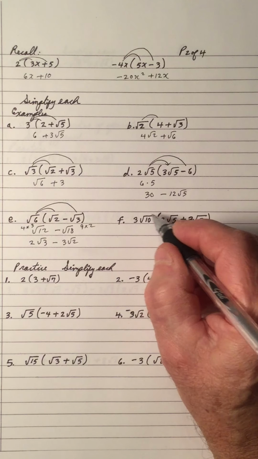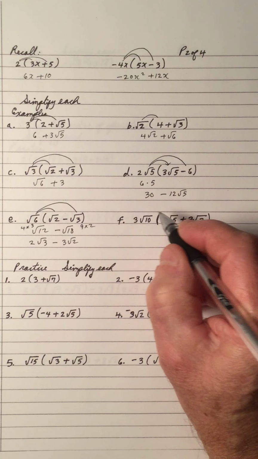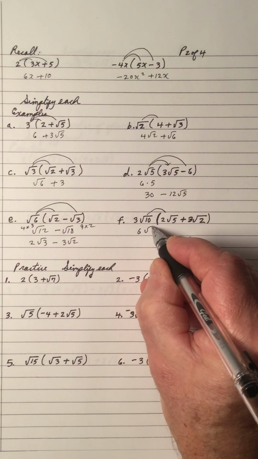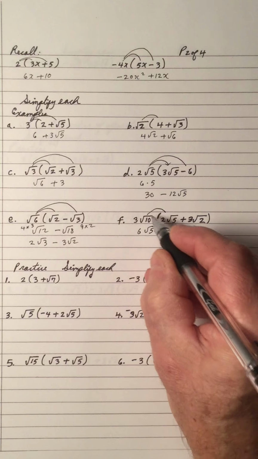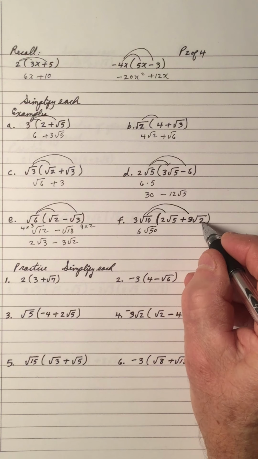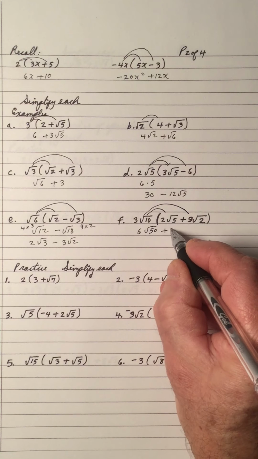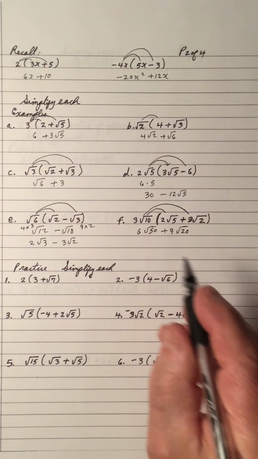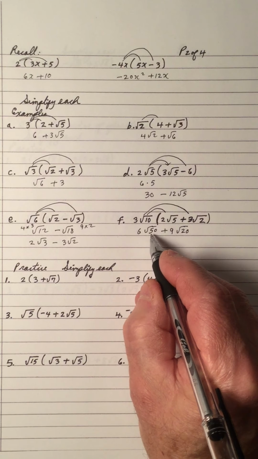F, 3 root 10 times 2 root 5. When we multiply, we get 6 root 50. And 3 root 10 times 3 root 2 is a positive 9 root 20. And again, we have to simplify the radical.